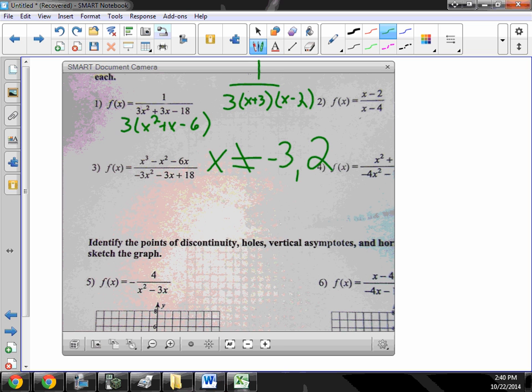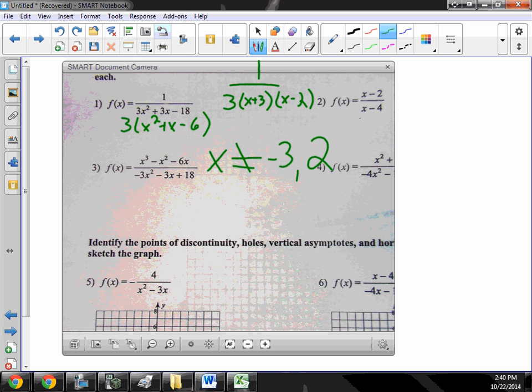-3 is what structure on the graph? What type of asymptote? It's a vertical asymptote. It didn't cancel. So 2 is what type of structure? It's also a vertical asymptote because it didn't cancel.